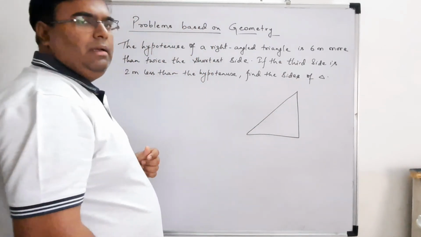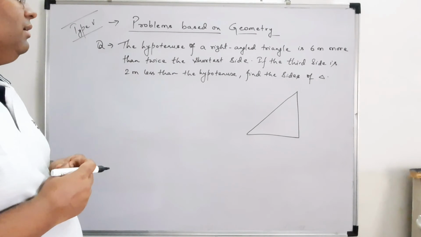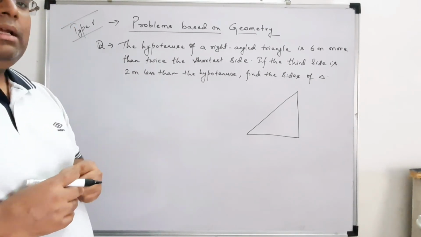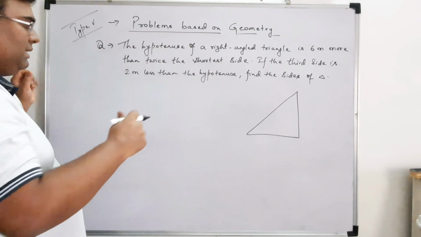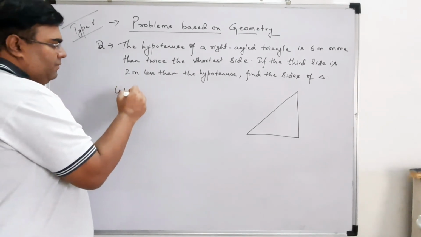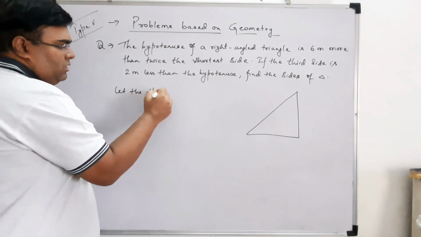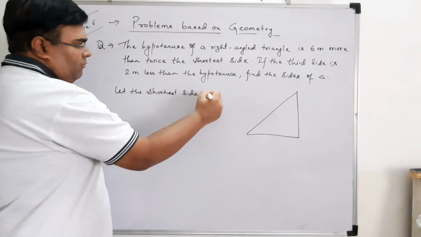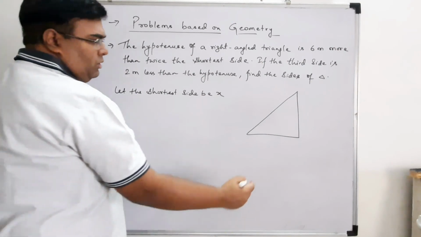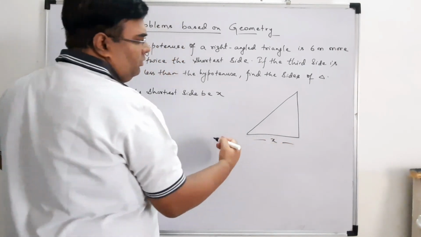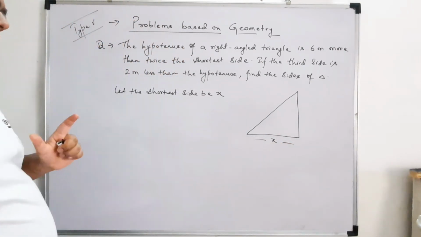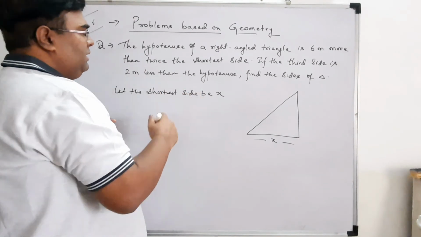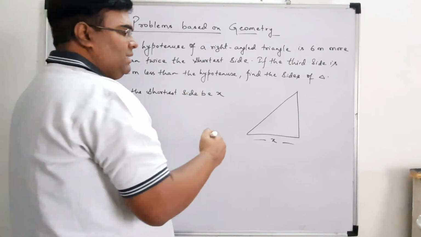Suppose this is my right angle triangle, right? Now the hypotenuse of this triangle is 6 meter more than twice the shortest side. So let the shortest side be x. Suppose this is my shortest side, x. So what is your hypotenuse? 6 meter more than twice the shortest side.